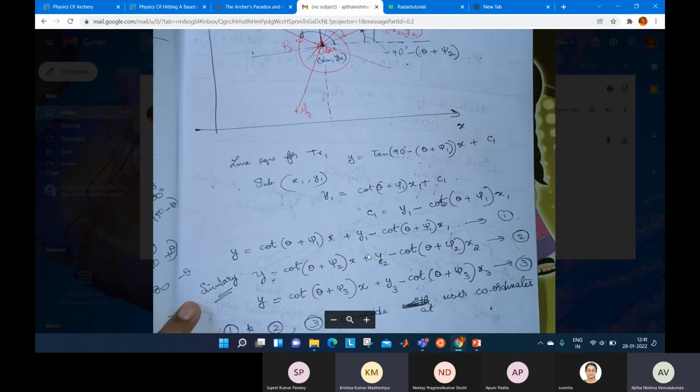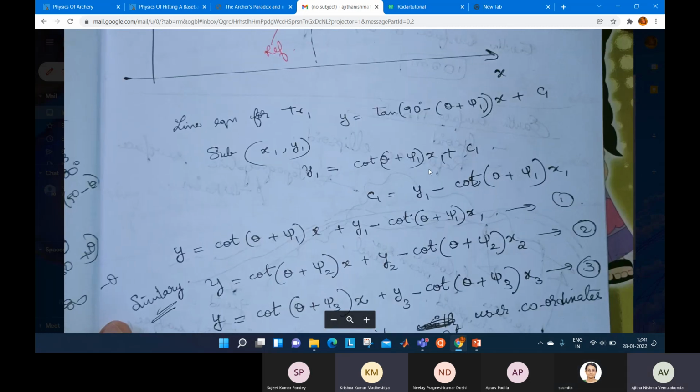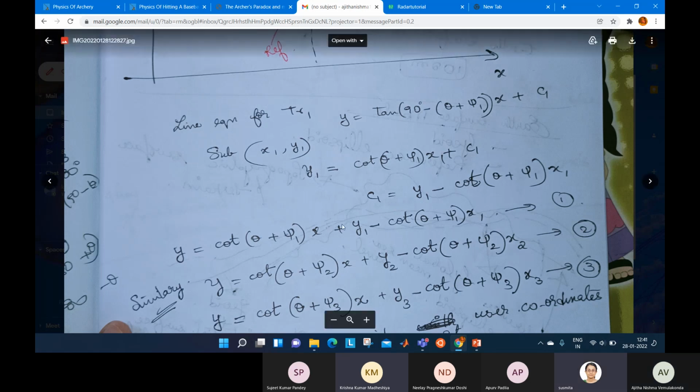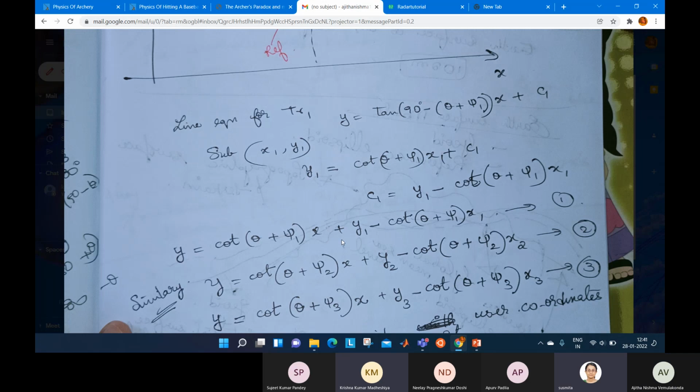You can see I found the line equation, ma'am, for each transmitter, and I know x1, y1 and angle theta, so that I can find the slope and line equation. What is that equation you have written? Y1 is equal to cot theta plus, these are the slope.